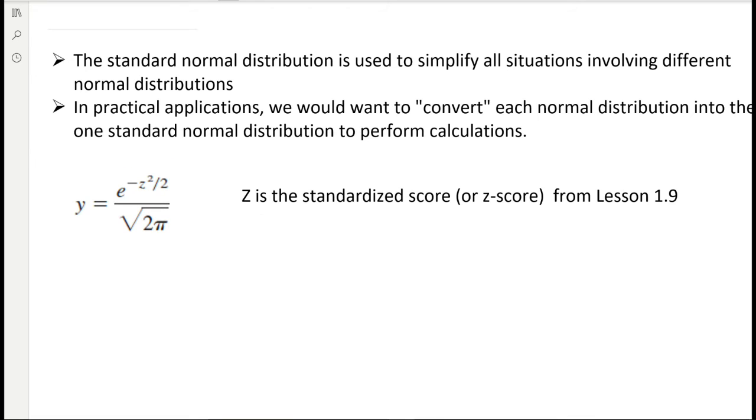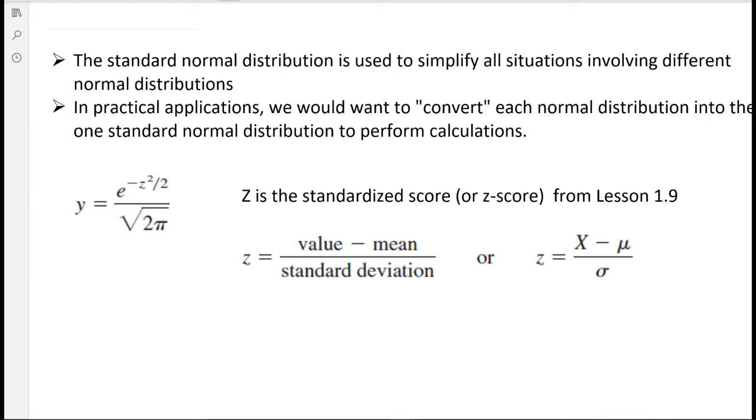Well, you may recall that the z is actually the standardized score, or the z-score. This is back from lesson 1.9. The z-score, if you recall, is calculated by taking the value, in this case the x value, minus the mean divided by the standard deviation. So this is the formula for the standardized or z-score.